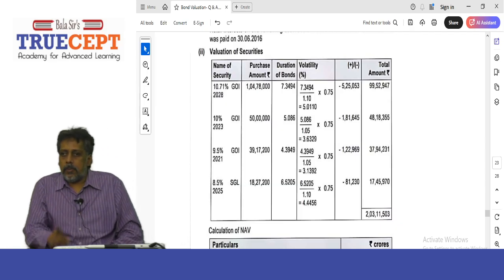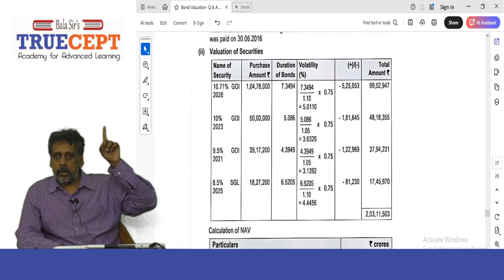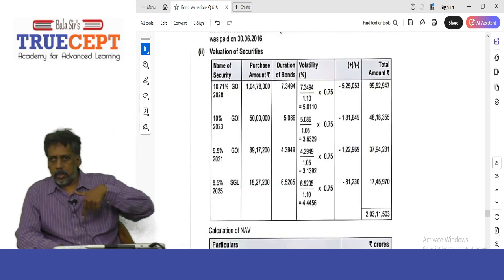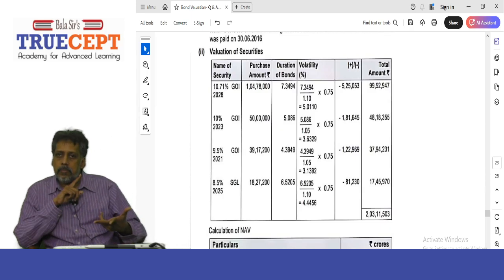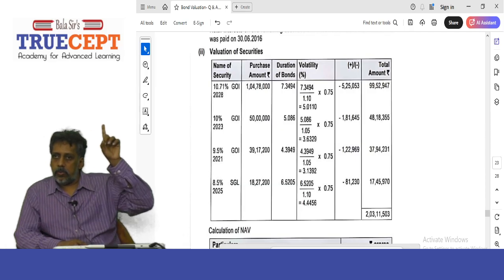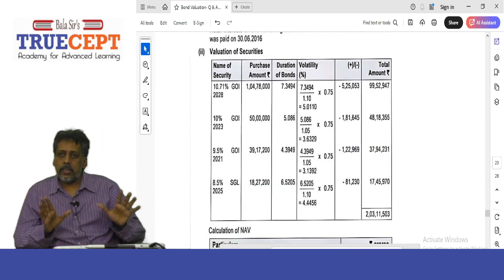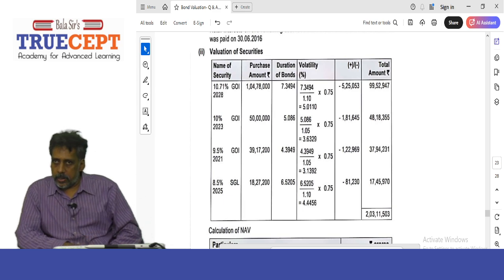Now let us take up the first bond, the 10.71% Government of India bonds, right? Remember, those bonds were bought at what price? You bought 1 lakh bonds at rupees 104.78, which is rupees 1 crore 4 lakh 78,000, the amount invested, the purchase price. Is that fine?